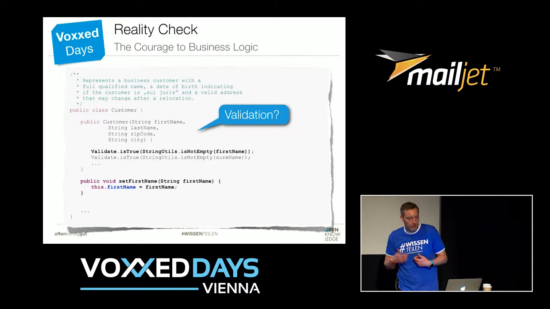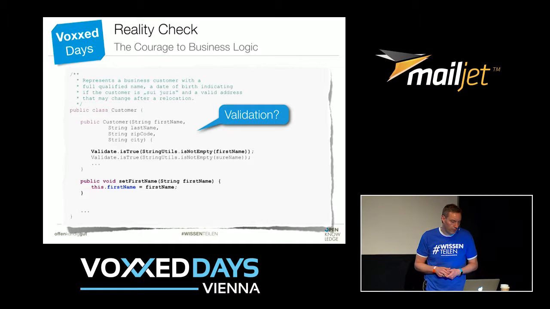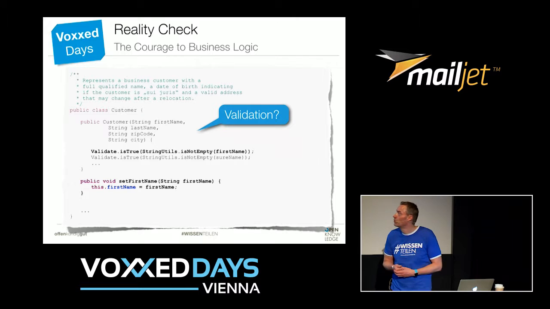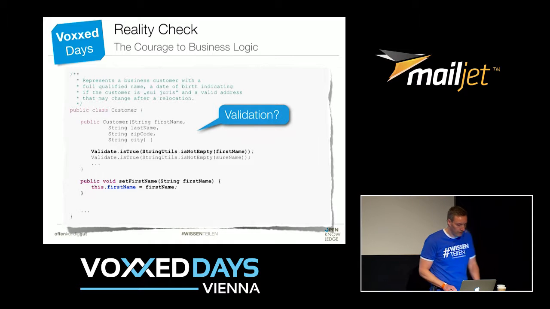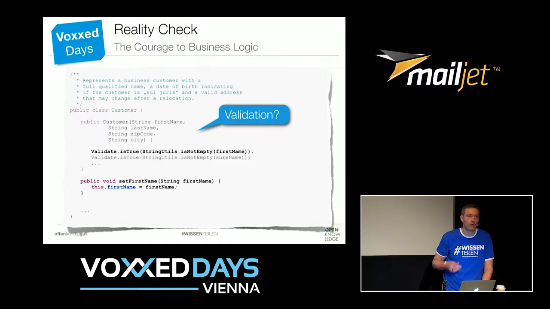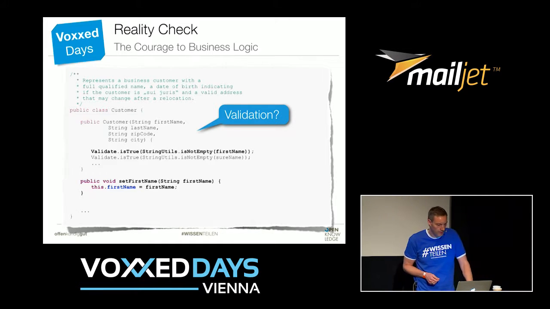On the slide before, of course, I could pass attributes with null values. To avoid this, I can put in some kind of validation to create a consistent customer. But we still have a problem with this class like it is right now.